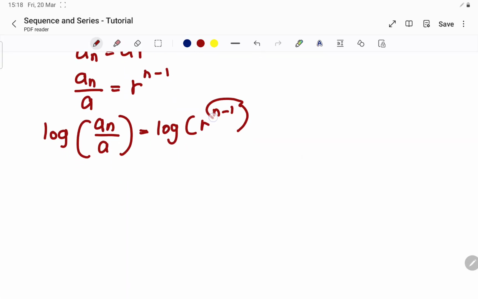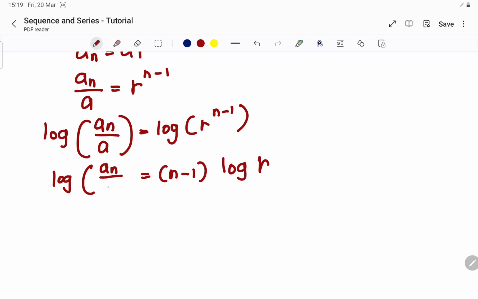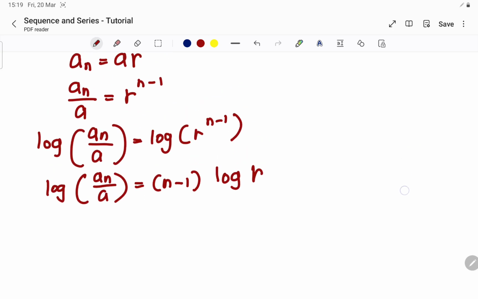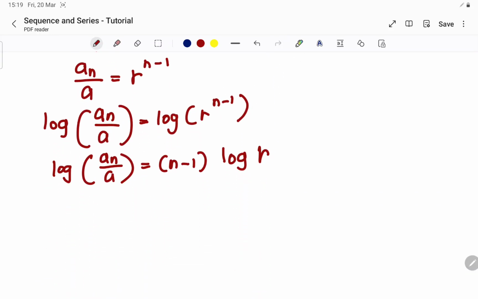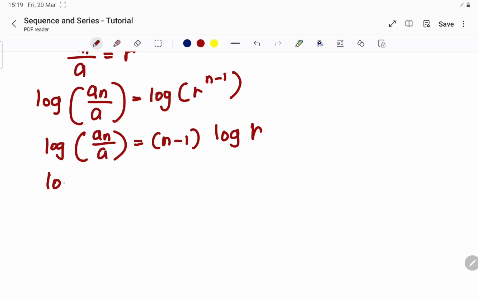Now here, we have a power, right? Follow the rules of logarithm. You can bring the power in front like this: n minus 1, then log r. At the left side, still you're going to get the same thing. Now we want to make it in the form of log r, so you have to put it as the denominator. You bring log r to the left side. So here, log of an divided by a, divided by log r, equal to n minus 1.